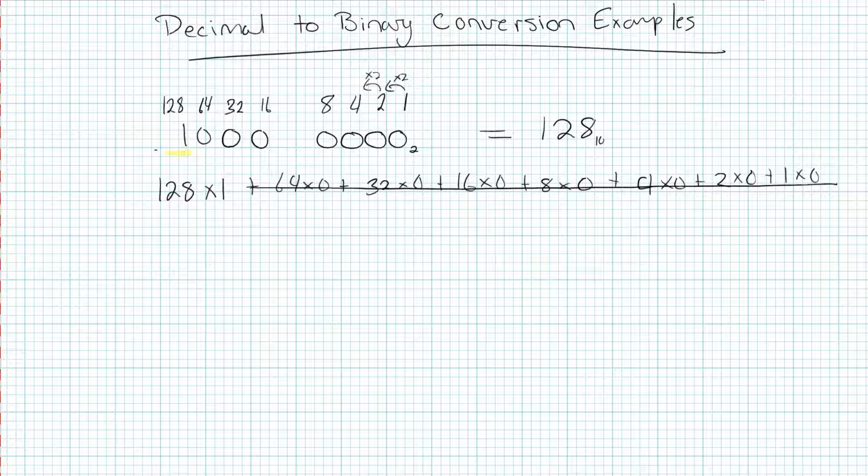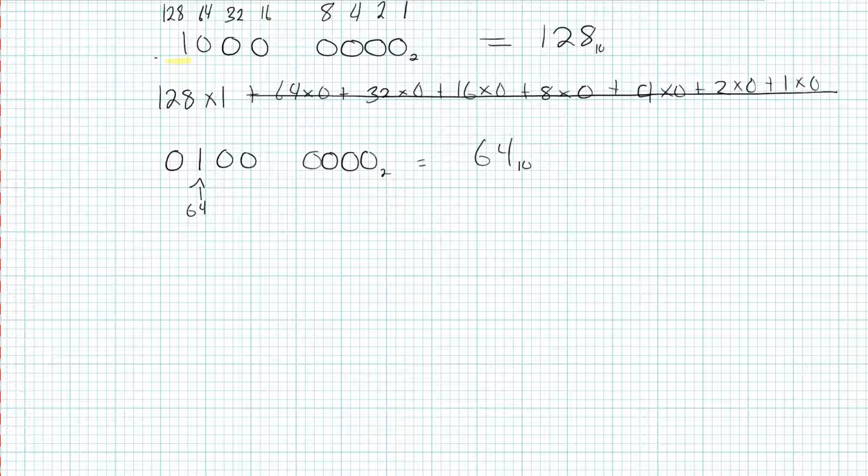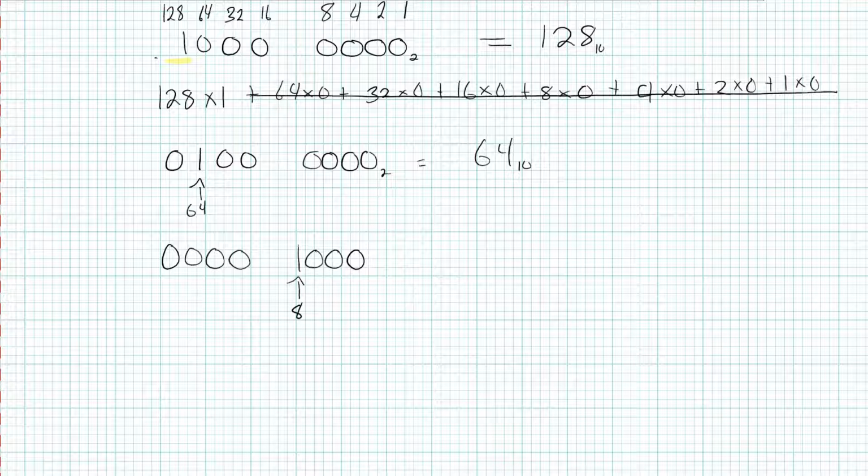So if we were looking at the number 0, 1, 0, 0, 0, 0, 0, 0, only the 64 bit is active, which means that this is a 64 in base 10. If we have 0, 0, 0, 0, 1, 0, 0, 0, only the 8 bit is active.